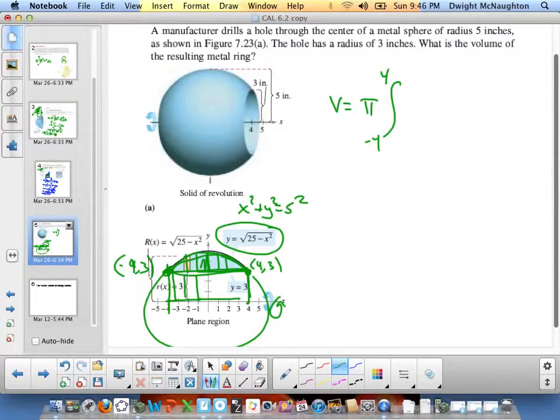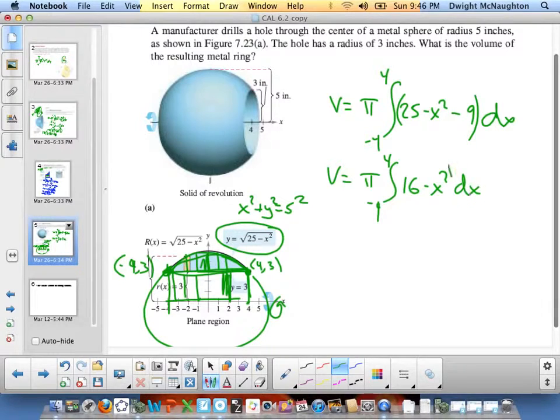We're going to square it. That's just going to be 25 minus x squared, minus our small radius, which is this distance right here, 3. So that'd be 3 squared, which is 9, with respect to x. All right, we'll clean that up. That's going to be 16 minus x squared dx.